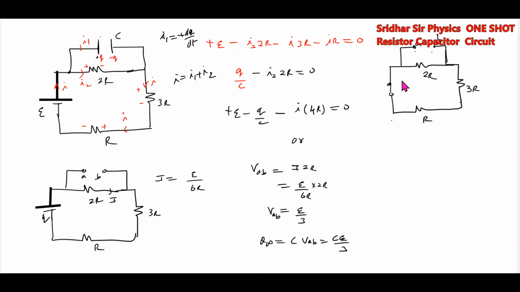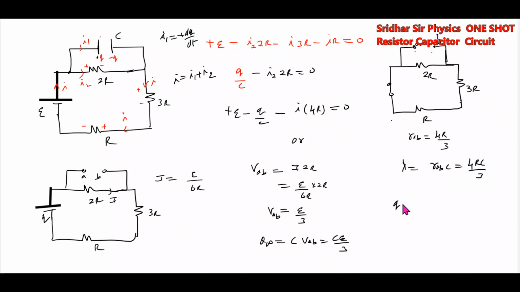The cell EMF we have made 0. Then the effective resistance will be 4R parallel to 2R. 4 into 2 is 8, 8 by 6, 4R by 3. Then the time constant of the circuit will be RAB into C, 4RC by 3.